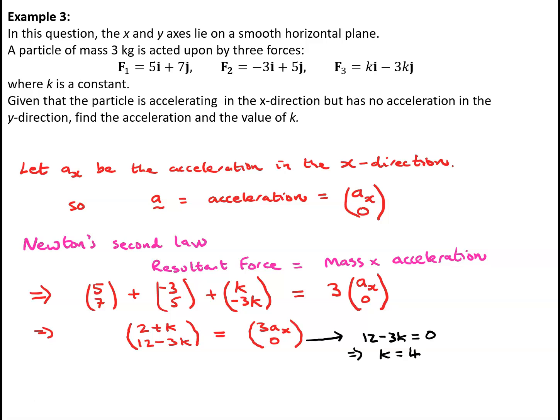If that's the case, then I've now got 2 plus k must equal 3 times a subscript x, so that 6 must equal 3 times a subscript x. So a subscript x must equal 2. So the acceleration of the particle is 2 in the x direction and 0 in the y direction.